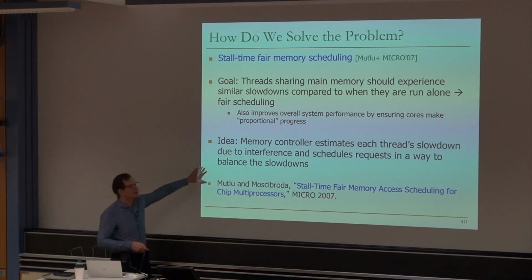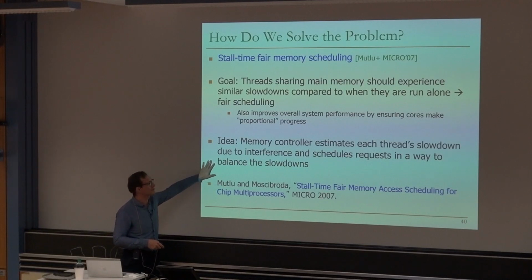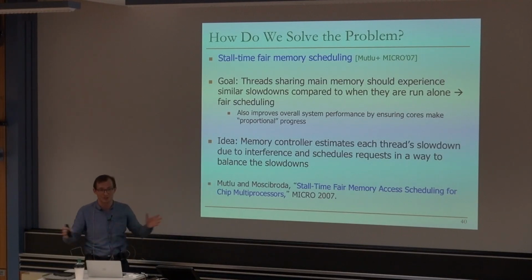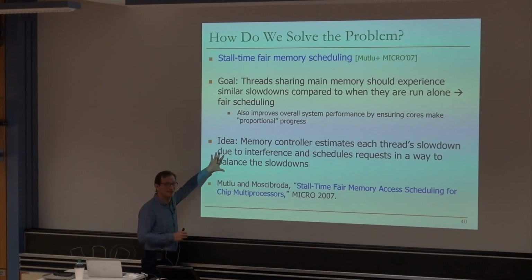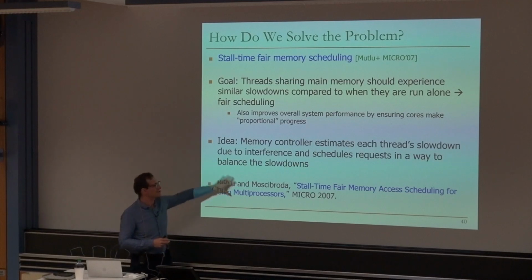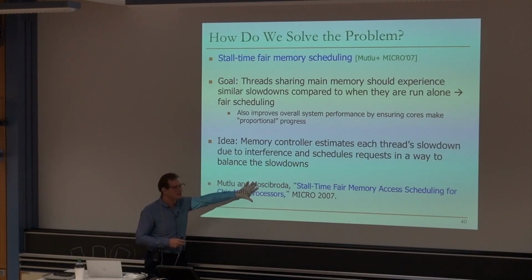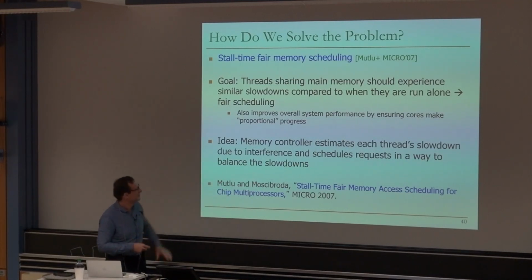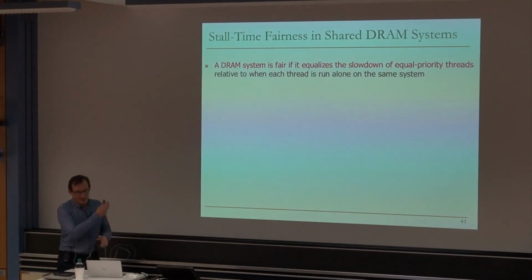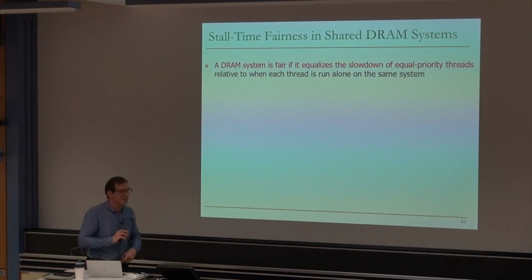So how do you actually do this? The memory controller estimates each thread's slowdown due to interference and schedules requests in a way to balance those slowdowns. And we're going to look at that. It's not an easy thing to do, actually. We're going to look at how to actually implement it after some insights that were developed in a six-year time frame after this. But if you actually try to do this, what I'm going to describe, it's not easy to implement.